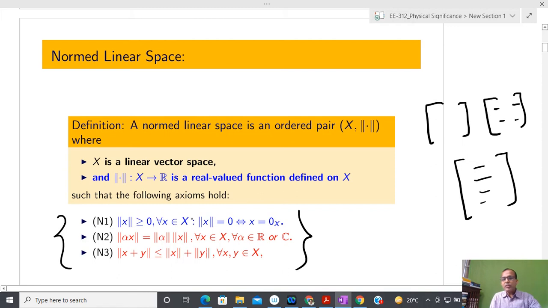This is not driven from the inner product, but independently. Some norms satisfy the properties of an inner product, and some norms do not.